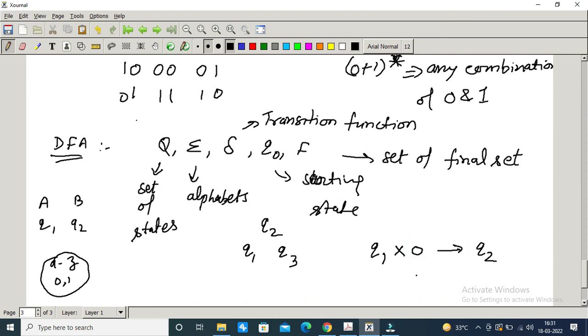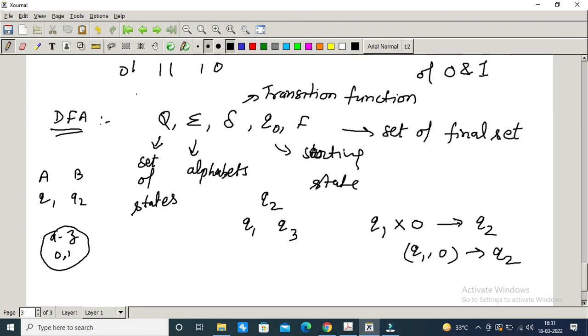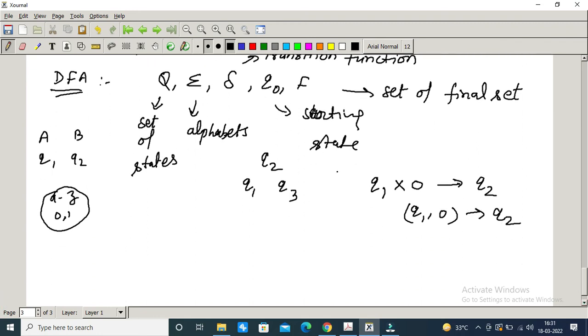So it will be like (Q1, 0) will take you to Q2, right? I hope that you are understanding these concepts. So these are the states, and the transition function is that if you read 0 from Q1, you will go to Q2. And it can be the scenario that if I am at state Q1 and I am reading 1, then I go to Q2 or Q3, whatever it can be.